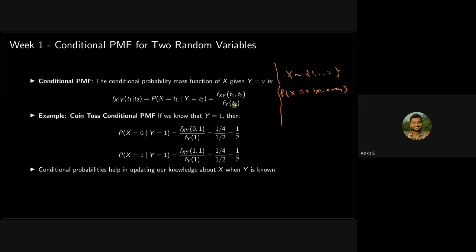In the denominator, you will have the marginal probability of the event on which it is conditioned. If you can calculate the joint probability and the marginal probability, which we have already discussed, you will be able to calculate the conditional probability.